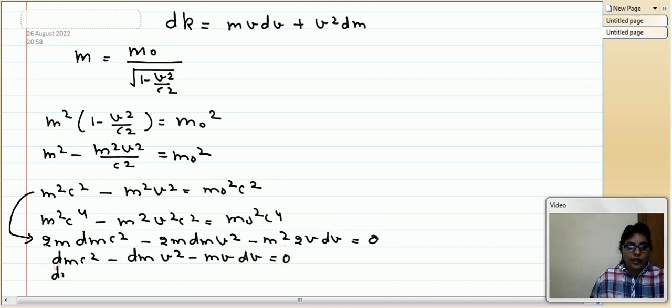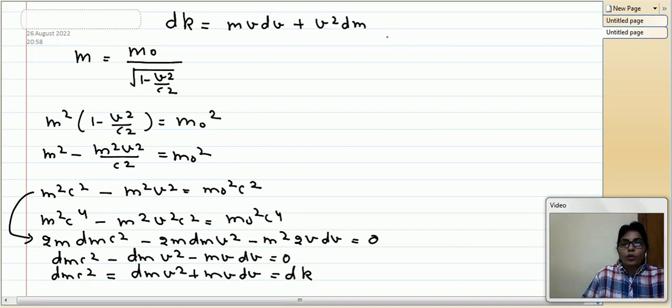So dm c square is equal to dm v square plus mv dv. This dm v square plus mv dv is nothing but dK. So now we have the equation that dK is equal to dm into c square.